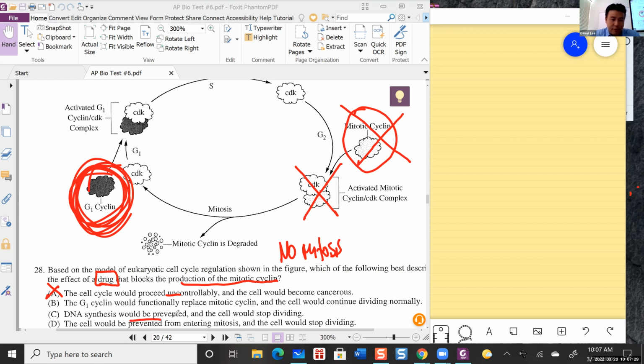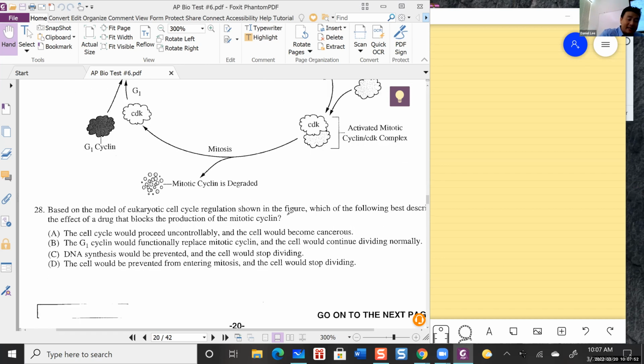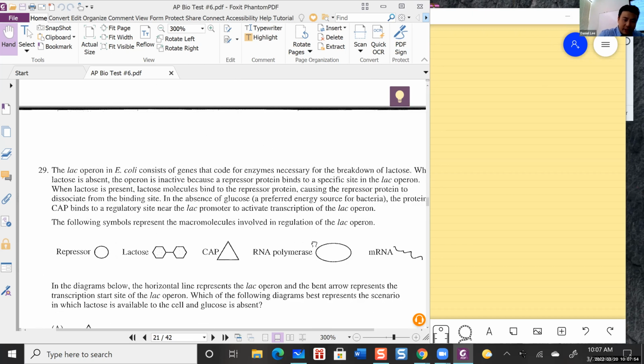DNA synthesis will be prevented. That is the wrong phase of the cycle, right? We are looking at this area here. So the answer will be D. The cell will be prevented from entering mitosis, right? You won't be able to divide by mitosis because that's what this mitotic cyclin is for. That's the most direct answer from the picture. So you don't have to know exactly that there are two types of cyclin, but you can answer the question correctly.